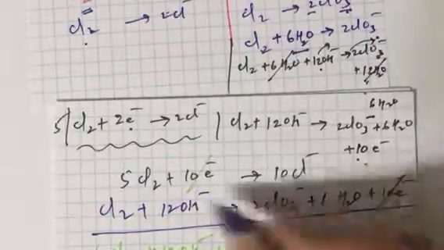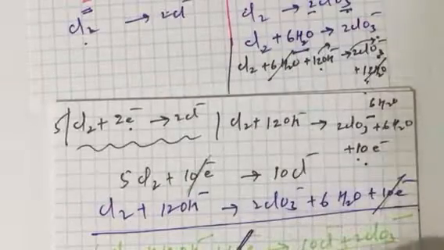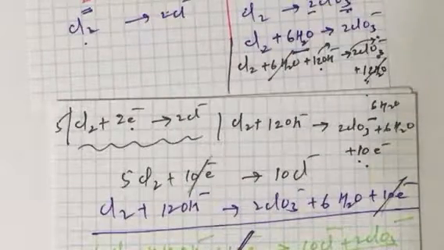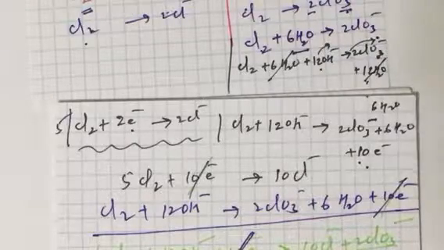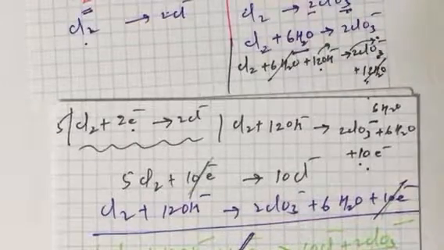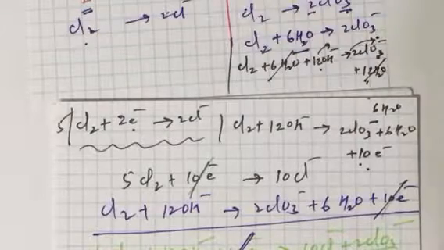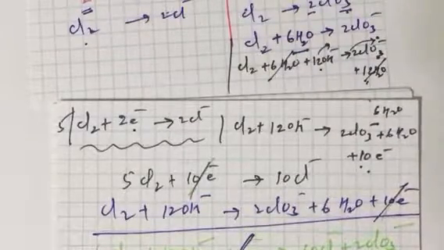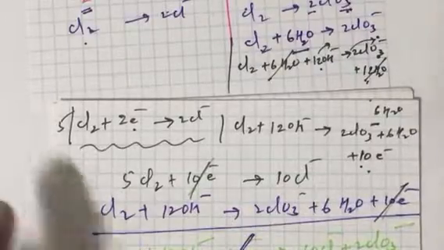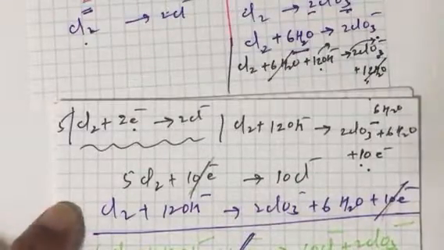Electrons got cancelled, I will not have to write this. This is a mistake, sorry. 3 Cl2 plus 6 OH minus gives 10 Cl minus plus, 5 Cl minus, because I am dividing throughout by 2, plus ClO3 minus plus 3 water. This is the simplified final equation.